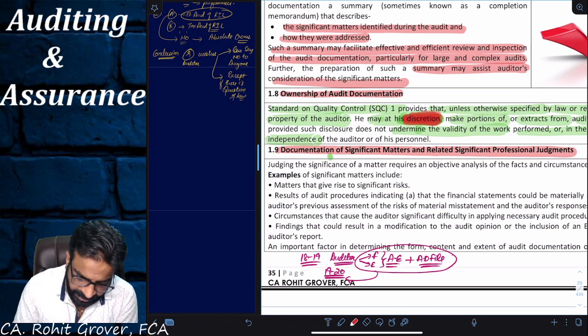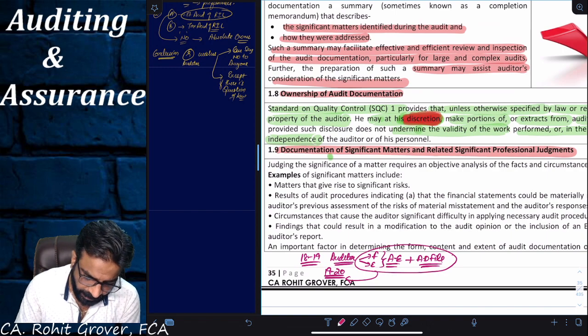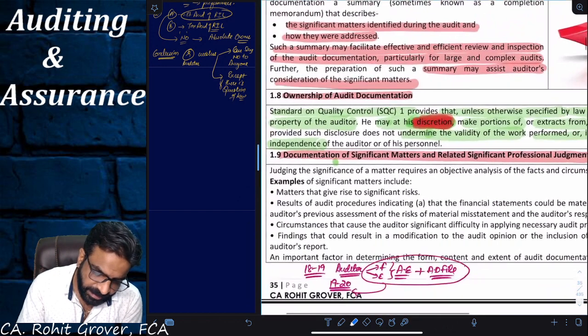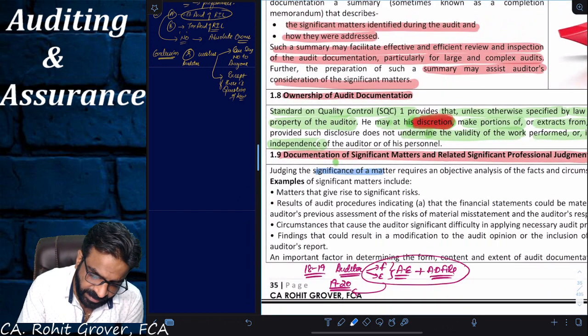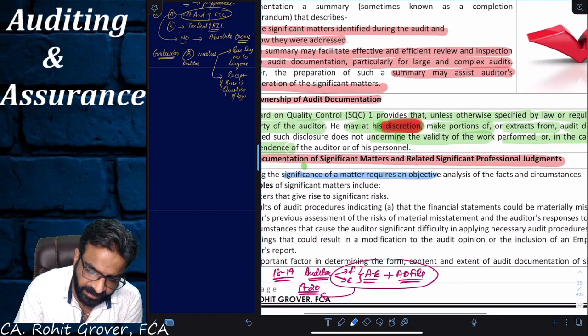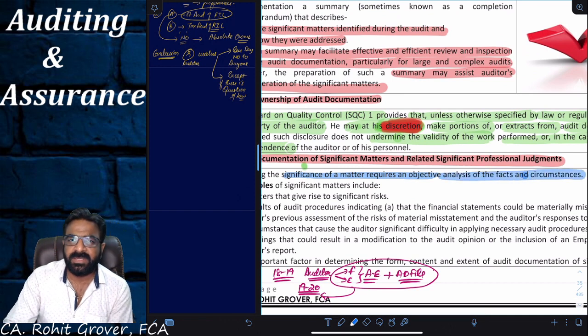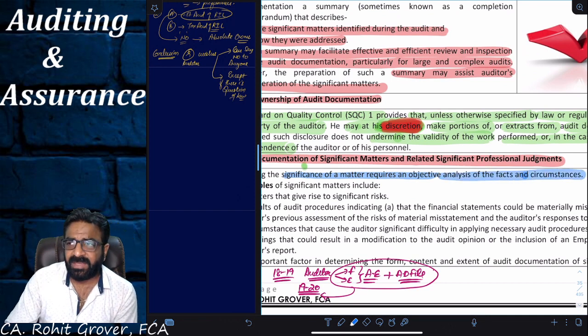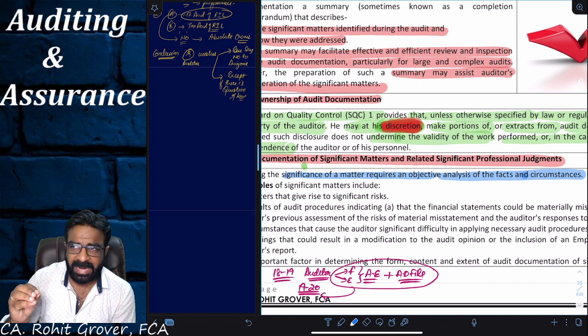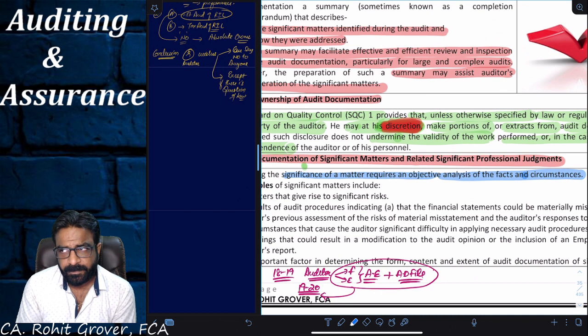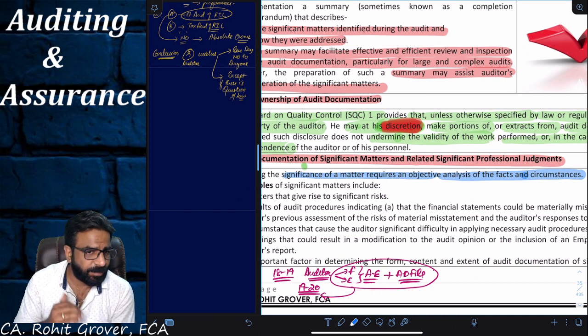Now let us see what is written in the law. Law simply says that judging the significance of the matter requires an objective analysis of the facts and circumstances. Everyone, please tell me, is it correct to say that one auditor's judgment and another auditor's judgment should be the same? No. Everyone has their own professional judgment.